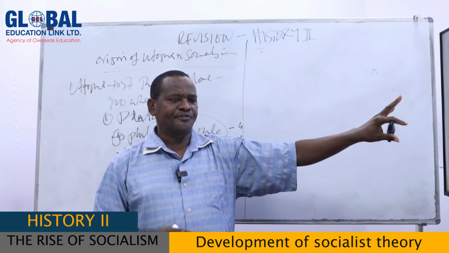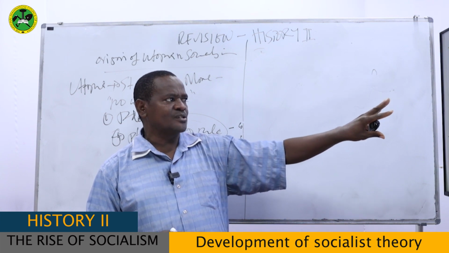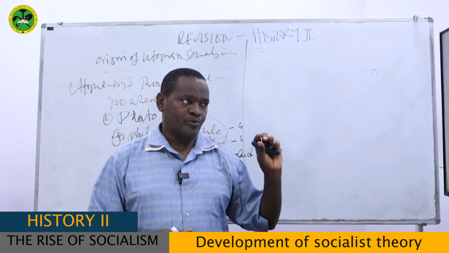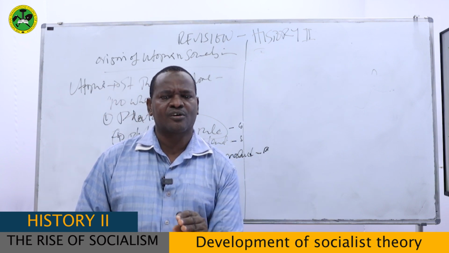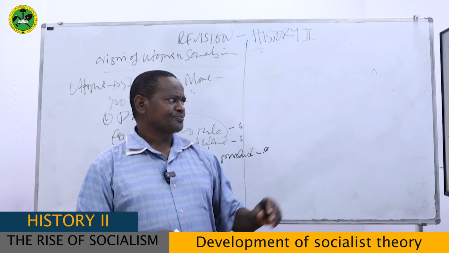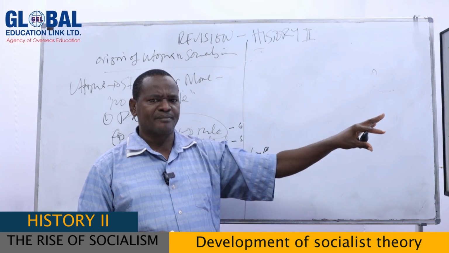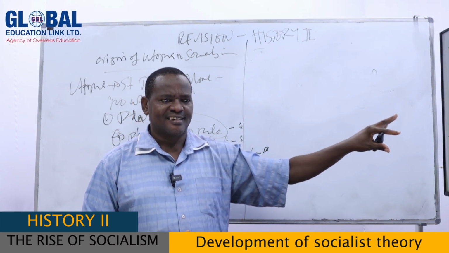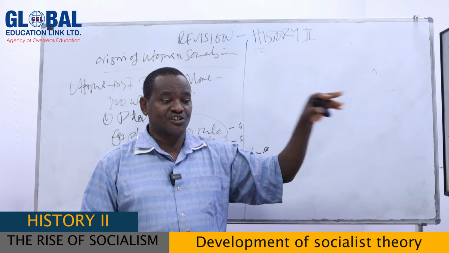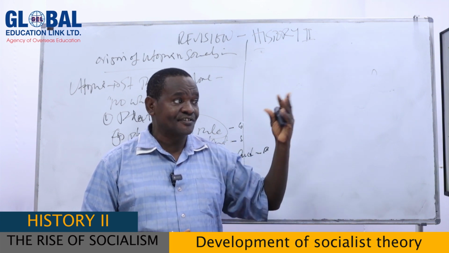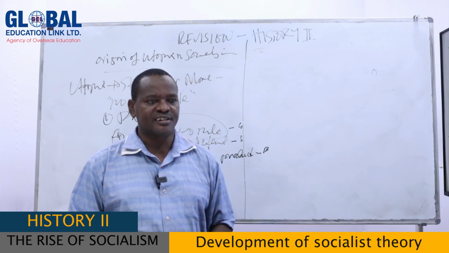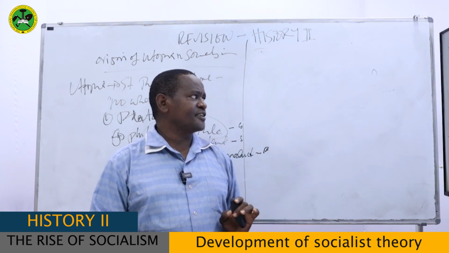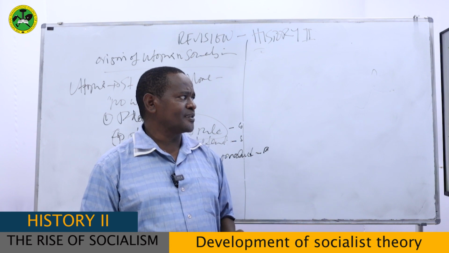What we are trying to see is the way this society was characterized, and when you look at it, you realize that there were some elements of what today we call socialism. And this is the proposal, remember. This is an ideal society. It is a society which was not existing at that time, but this is the idea of Plato that he wrote in the book called the Republic. So that is the first area we can trace the origin of utopian socialism.